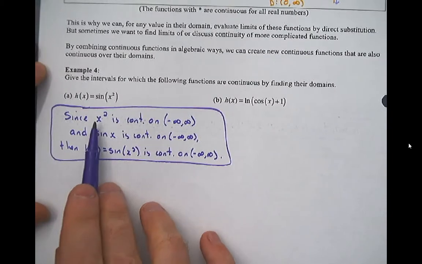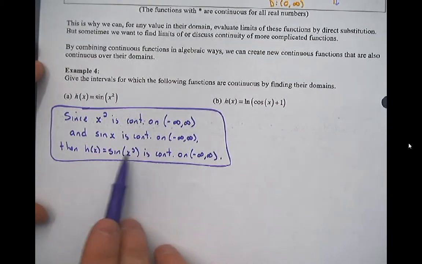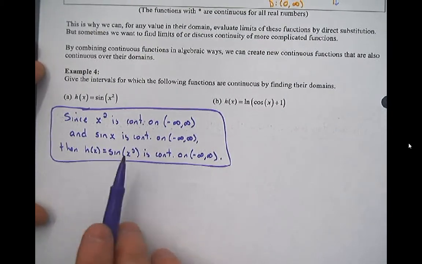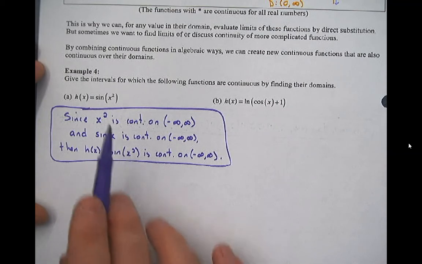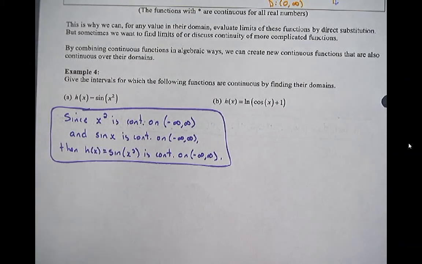So we have a continuous function that gets composed. Remember, this is f of g of stuff. If you compose two continuous functions, you're going to have another continuous function.